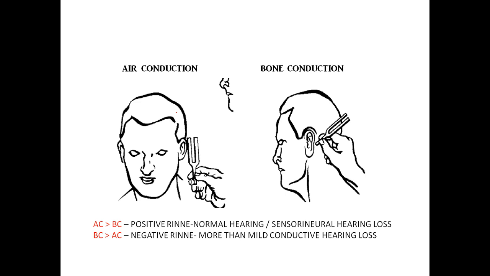If the patient says bone conduction is louder than air conduction, that is a negative Rinne. In which cases will we get this? In more than mild conductive hearing loss, he will have a louder perception in bone conduction.